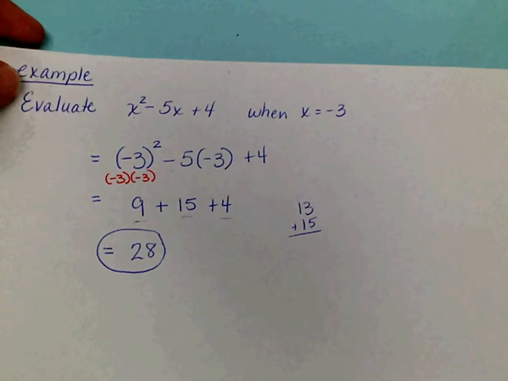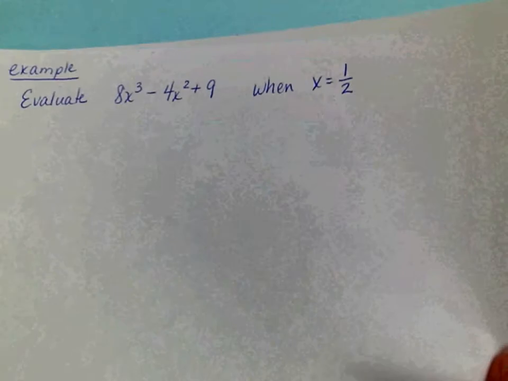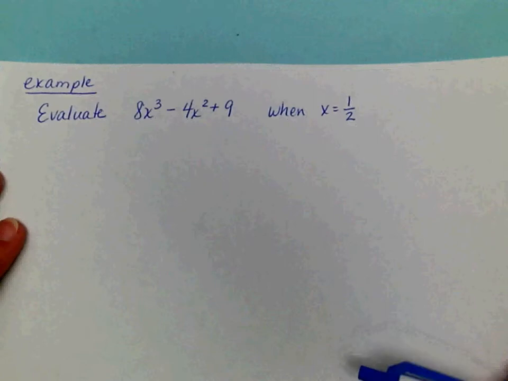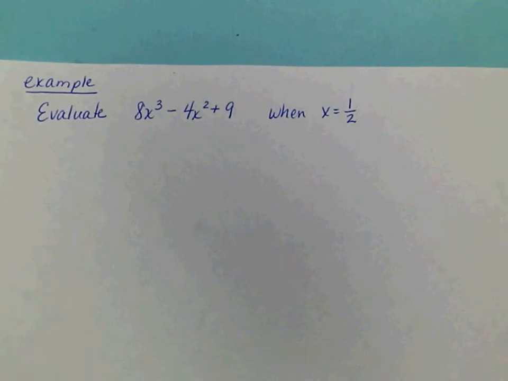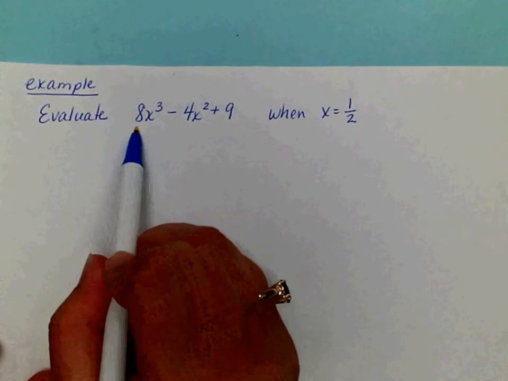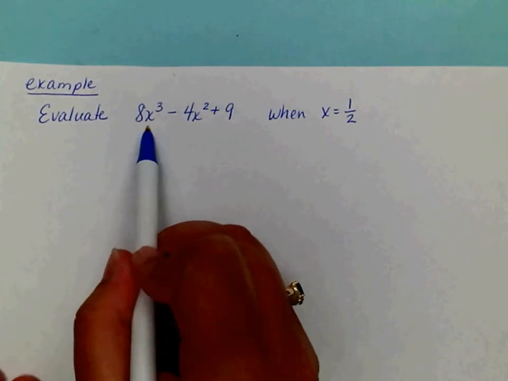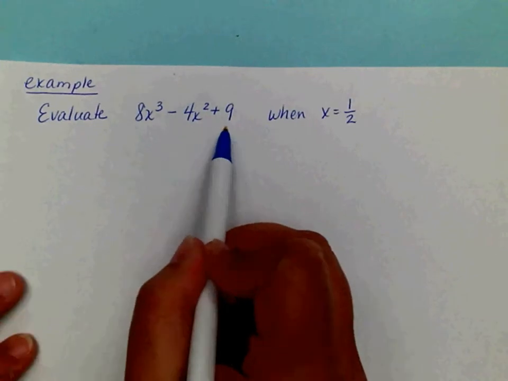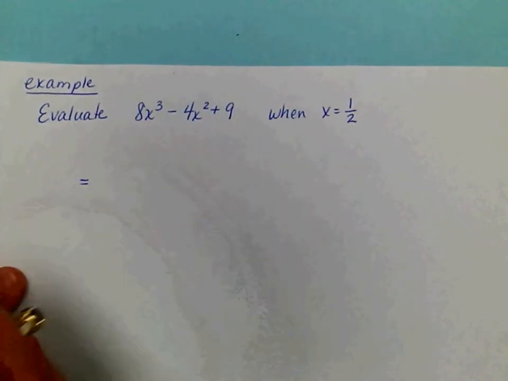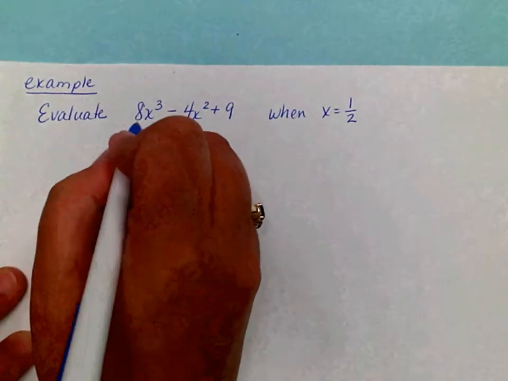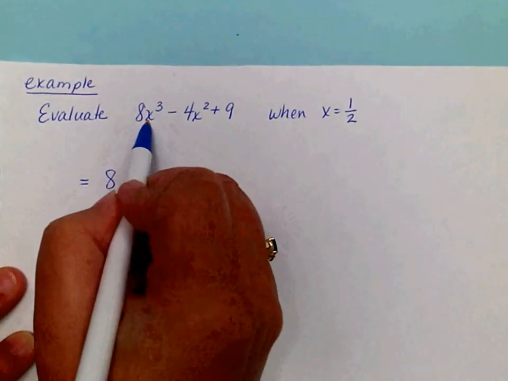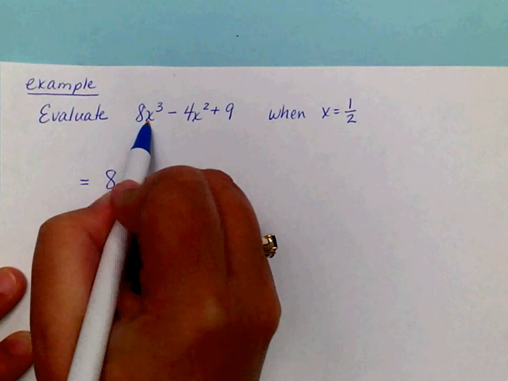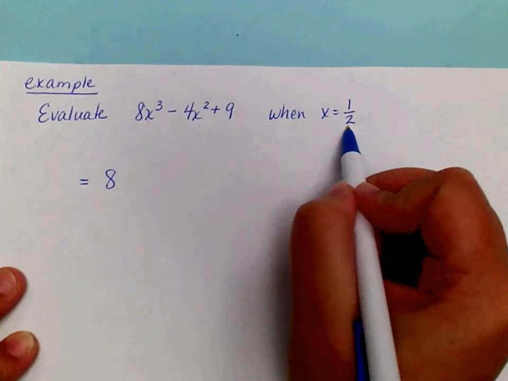The next example we want to look at involves substituting in a fraction. So our expression that we want to evaluate is 8 times x to the third minus 4x squared plus 9. Same rules as before apply. Bring down our 8. It's going to be multiplied by x to the third power, but we are now told that x is equal to 1/2.